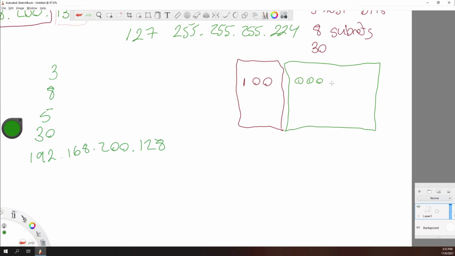Two, three, four, 5. So we know that that is equal to 128. If we copy this one down and then we change all of these to 1s, so we got 5 1s in here, what does that become? Well, that becomes our broadcast for this network. And the broadcast for this network, if we add all those up, is basically one address lower than the next available network address. So it's going to be 159.